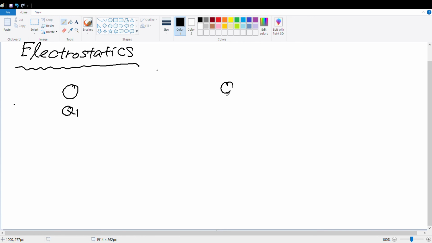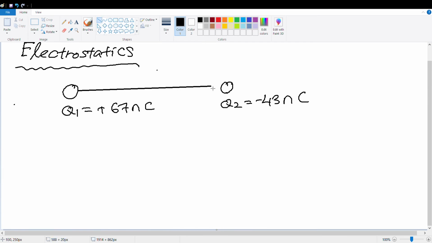This Q2 is negative 43 nano coulomb, and this is positive 67 nano coulomb. Both of them are separated by 1.2 meters.